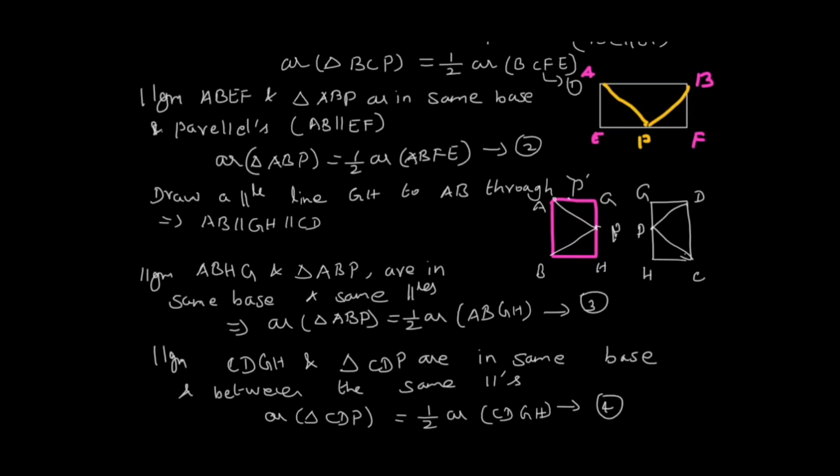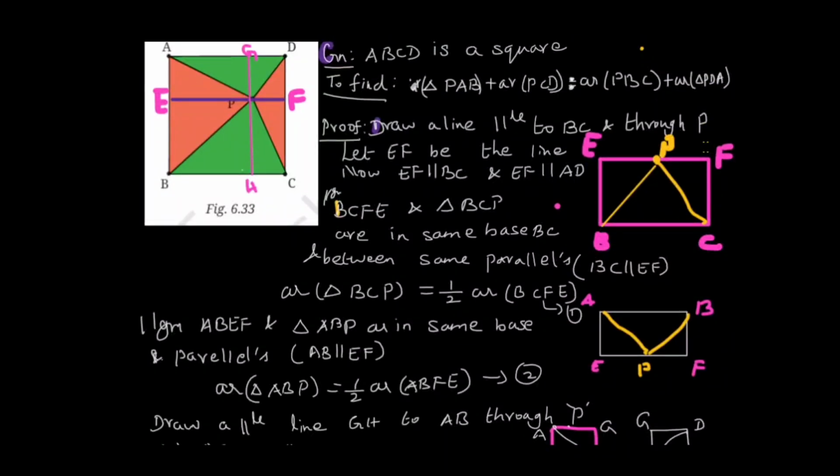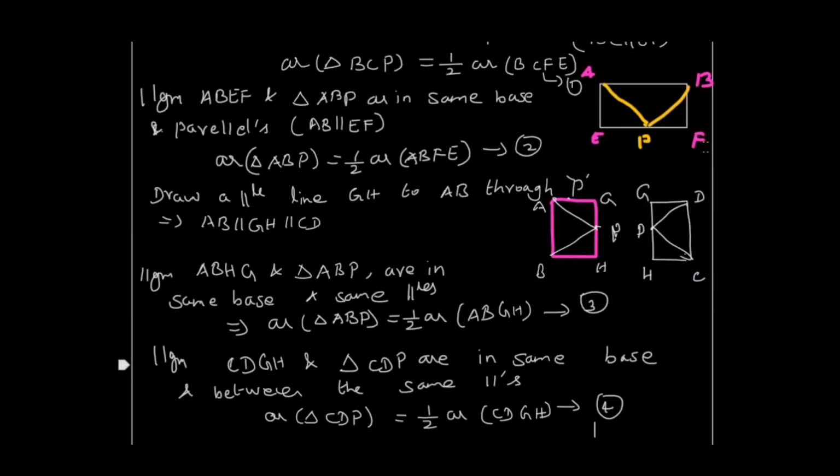When you are adding 3 and 4, we will be getting the red region, and adding 1 and 2, we will be getting the green region.